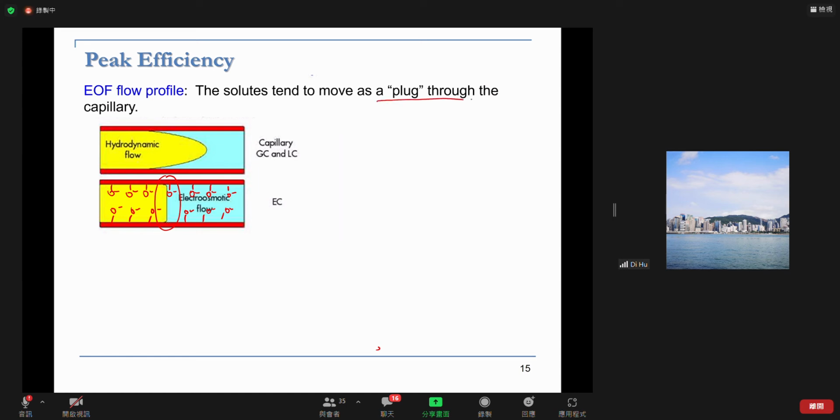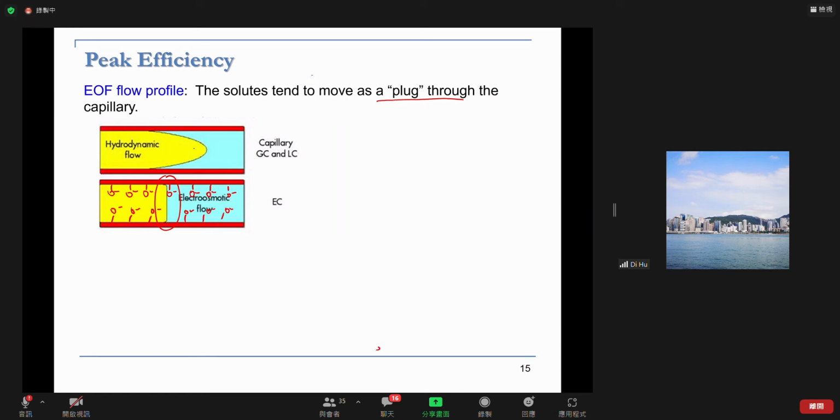For common HPLC, we have pressure. When the flow goes through the packed column, the friction forces at the column wall cause a pressure drop and hold it back.